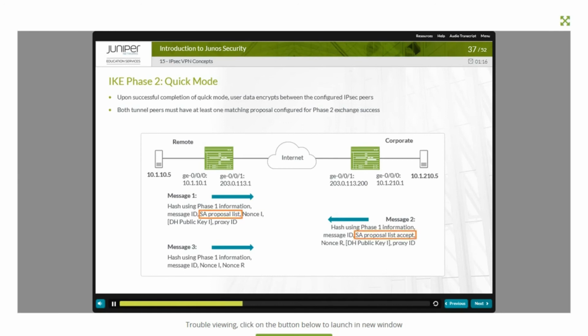In messages 1 and 2, a Phase 2 SA proposal list exchanges. The list contains encrypted and authenticated information that determines the algorithms and keys for encrypting and authenticating user data.